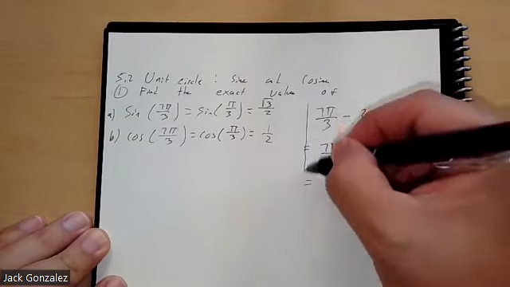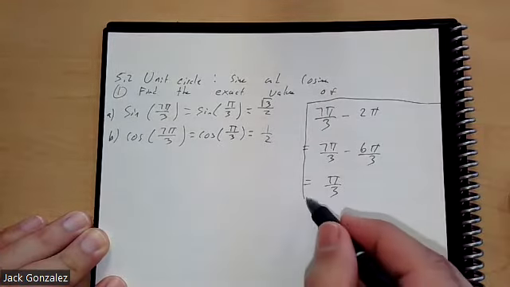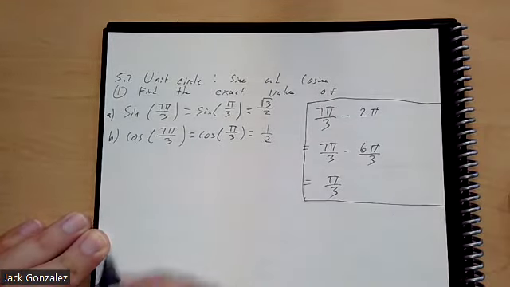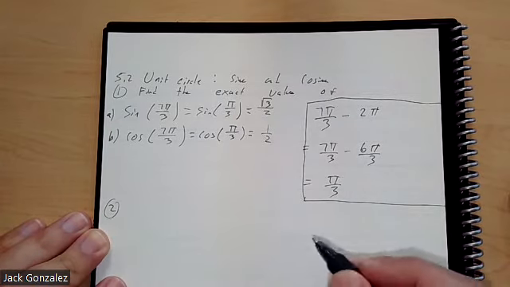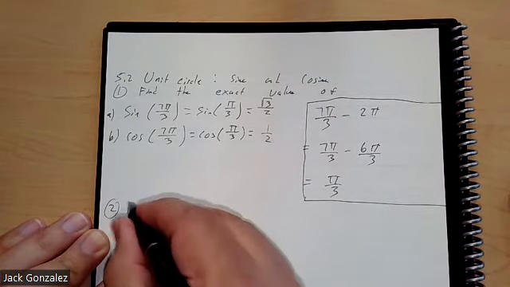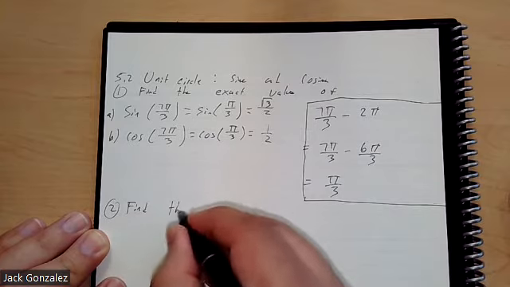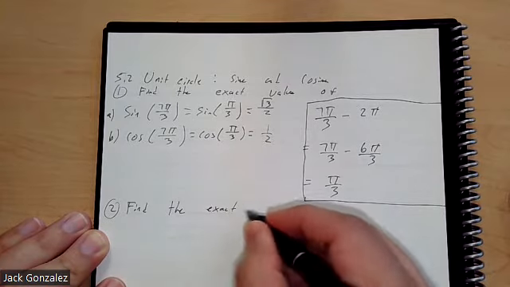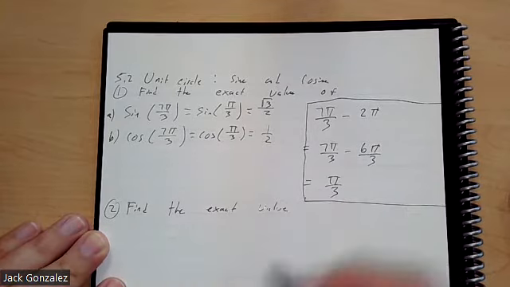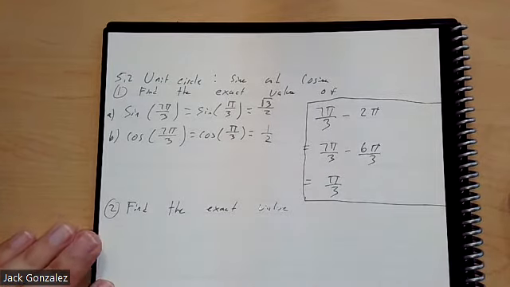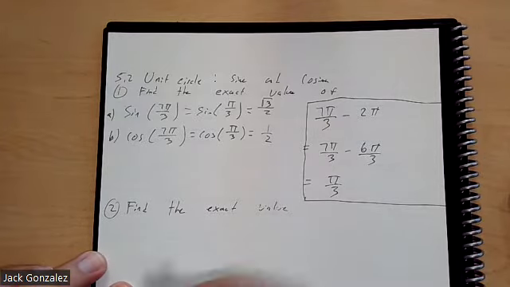It's my scratch work here. So if the angle is too big or negative, just adjust and then find it on the circle. That's all you've got to do. So let's do one more of those.